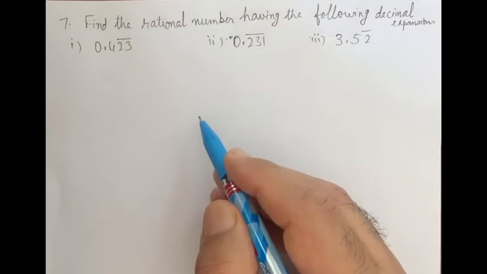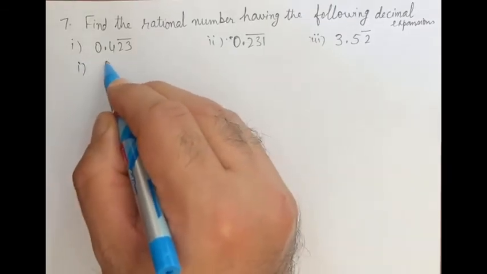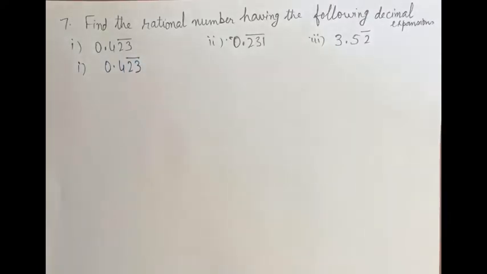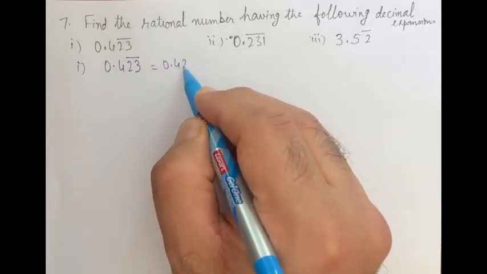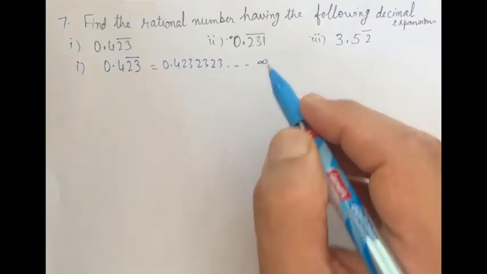We have to find the rational number having this as its expansion. So this is 0.423, where the bar above 23 means the digits 2 and 3 are repeated. So this is 0.423, 23, 23 and so on up to infinity.